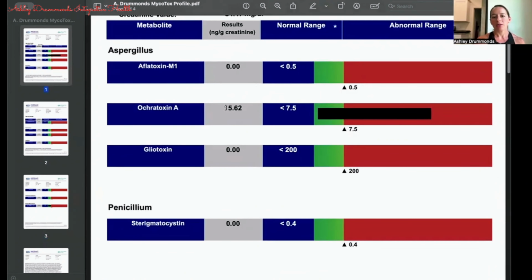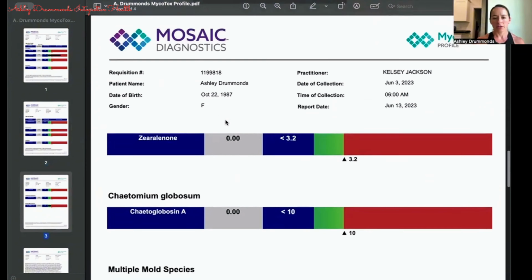And then as I started my detox protocol down the road, those numbers went way up, and I actually had more mycotoxins that came up, which was a good sign because it means that my body was actively and successfully pulling things out.